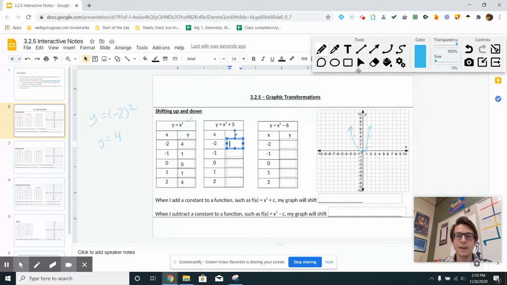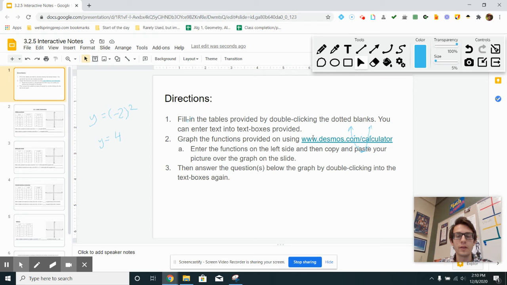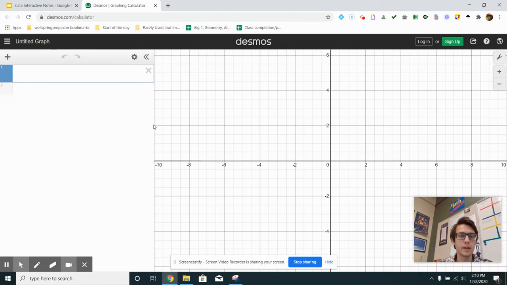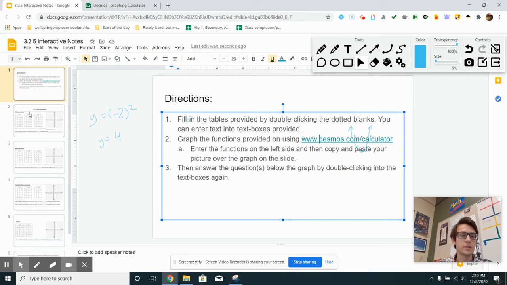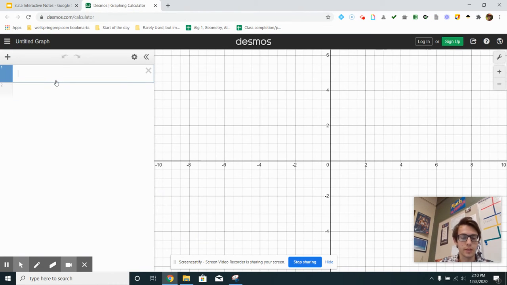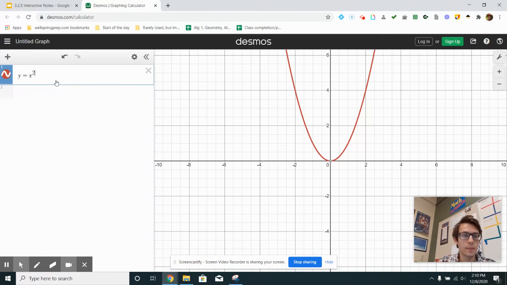So instead, what I would like you to do is graph the functions using Desmos. So I'm going to Desmos here. Our functions for the first are y equals x squared. I'm going to type in y equals x squared and hit enter.